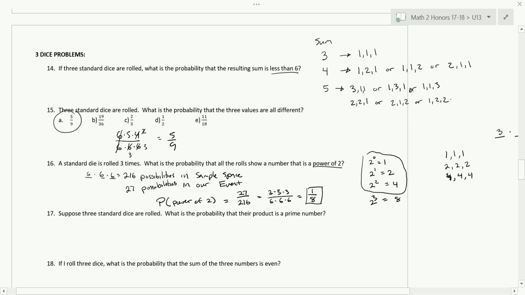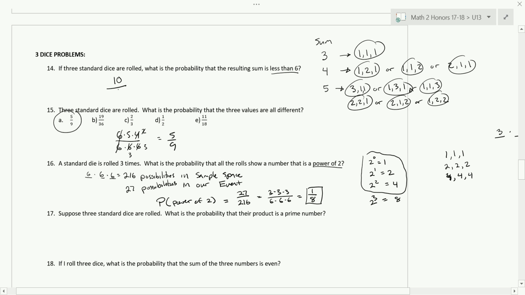All right. Are we missing anything, or have we got them all? We're trying to be thorough. We're trying to be organized to make sure we don't miss anything. Does it seem to you that we got it all? Okay. So then at that point, we're going to count how many we have. So we got 1, 2, 3, 4, 5, 6, 7, 8, 9, 10 ways out of 6 to the 3rd power.